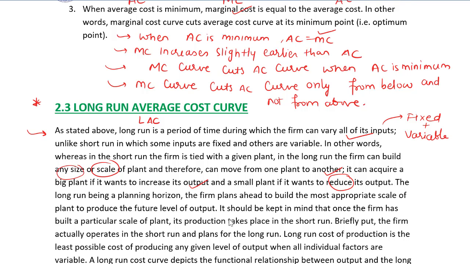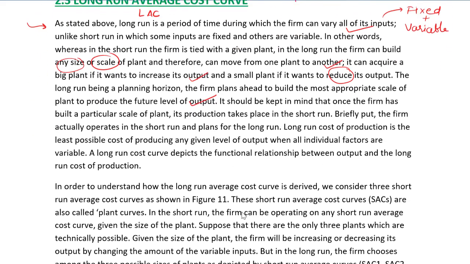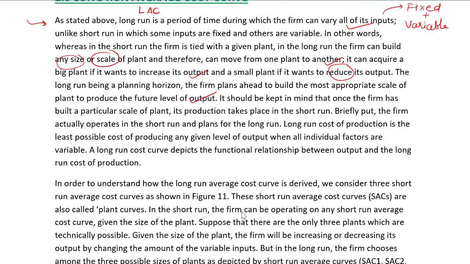The long run being a planning horizon, the firm plans ahead to build the most appropriate scale of plant to produce the future level of output. It should be kept in mind that once the firm has built a particular scale of plant, its production takes place in the short run only.